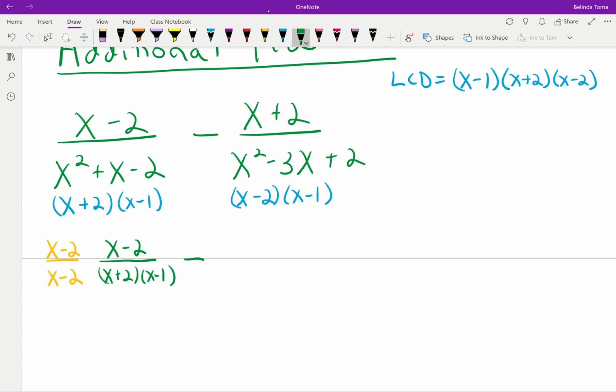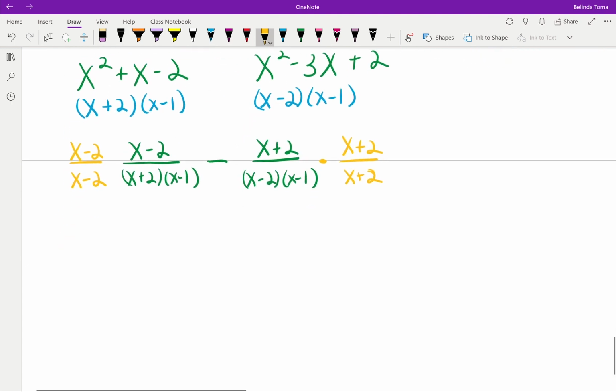And the second fraction has an x minus 2 and an x minus 1, so it's missing the x plus 2. So that gives us the common denominator that we need.